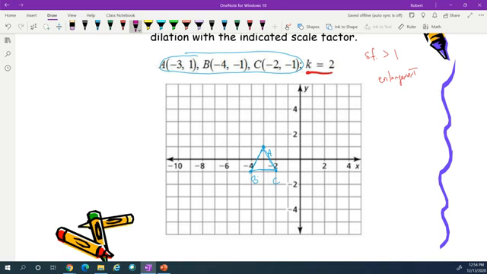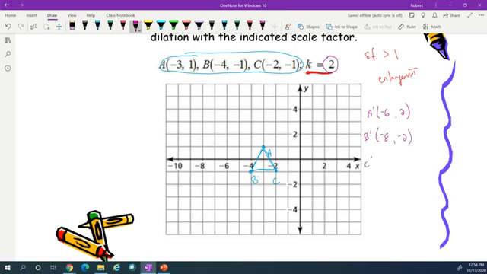Our rule says multiply everything by the scale factor. So A prime, we're multiplying everything by 2. So we get -6, 2. B prime, -8, -2.